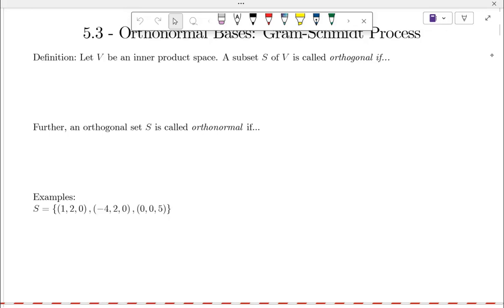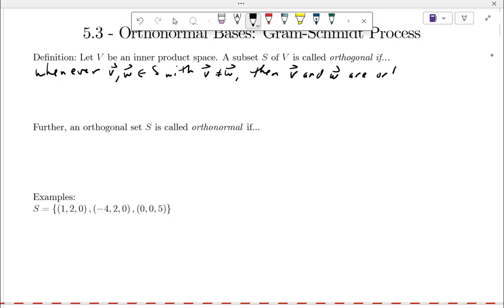So if we just take a subset of vectors, we refer to that subset as being an orthogonal subset if whenever V and W are in S with V not equal to W, then V and W are orthogonal.